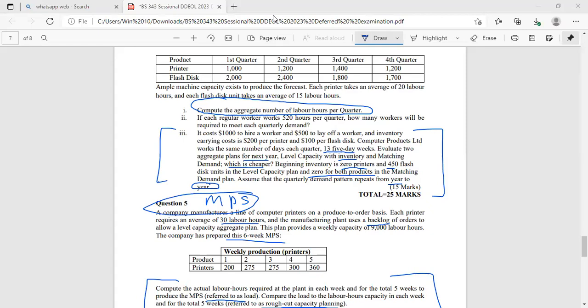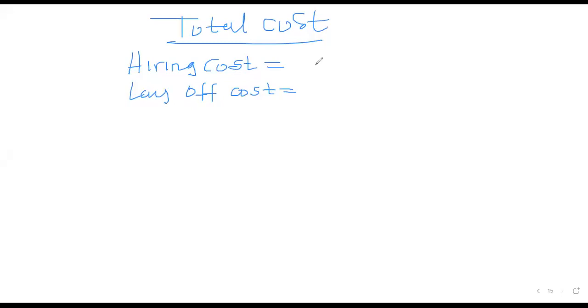So the hiring cost would be 20 workers multiplied by $1,000, which is equal to $20,000.